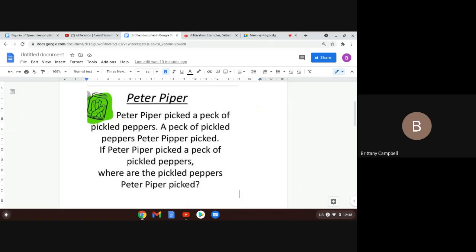If Peter Piper picked a peck of pickled peppers, where are the pickled peppers Peter Piper picked? Now, what do you realize about the sentences? Any one of us? All right. Yes, repetition of words. The same letters at the beginning of the words.